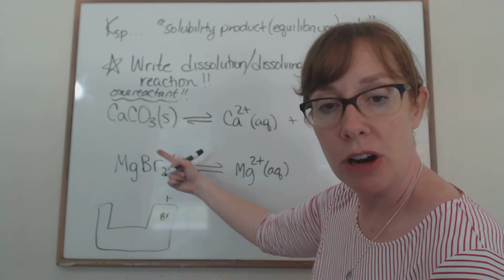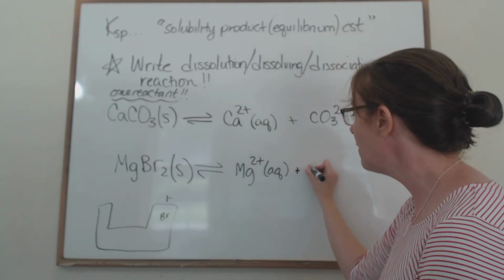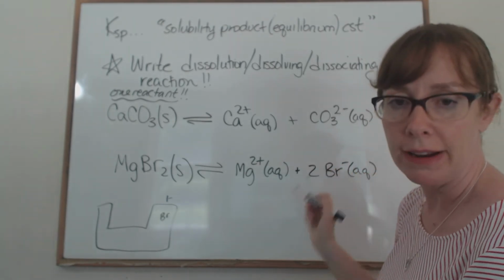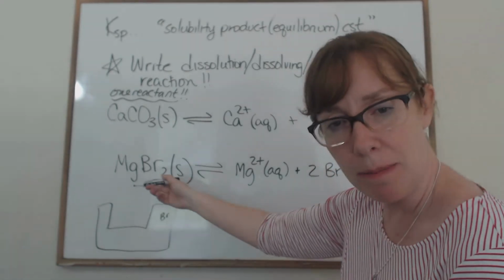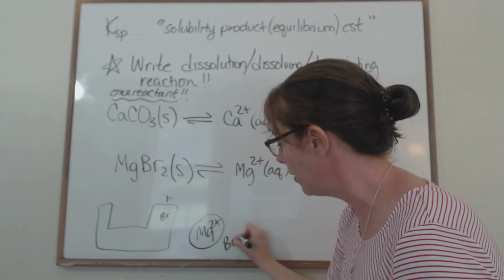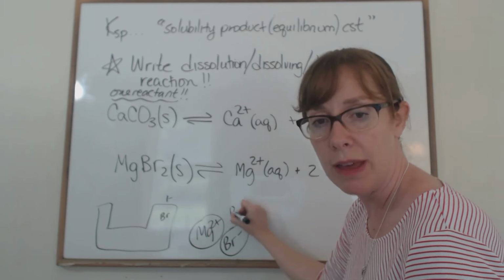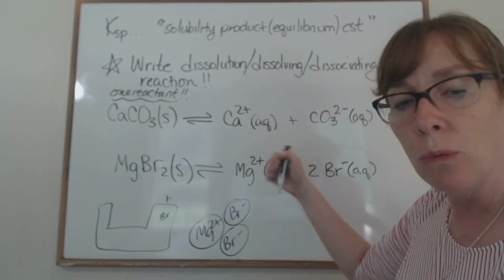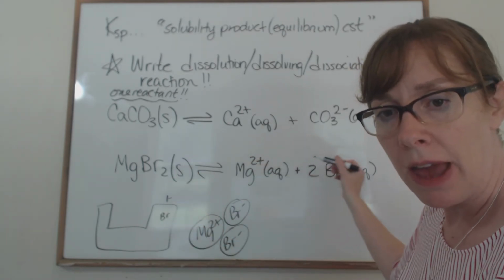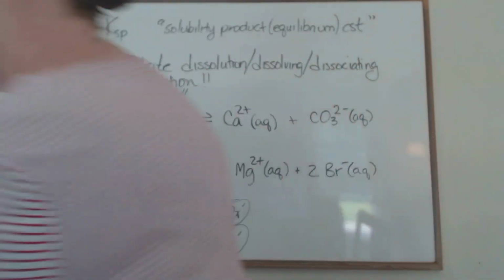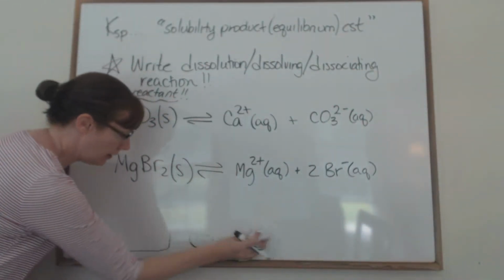The key here is there are 2 bromines. So the way that you have to write it is like this. There are 2 bromide ions. Because that's what that compound is. If you could see it with a microscope, it's 1 of them and 2 of them, and that's how you get neutral. So you just represent it like that. When it dissolves, you'll get 1 of him and 2 of them. That's a dissolution reaction.